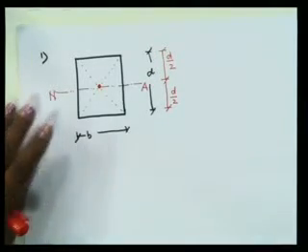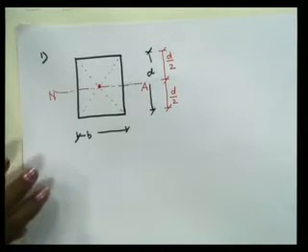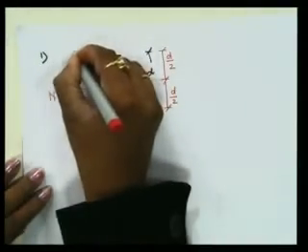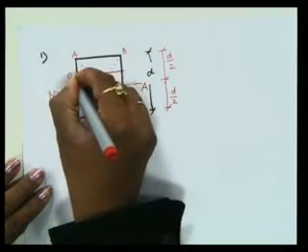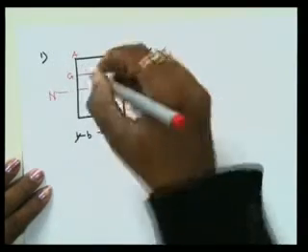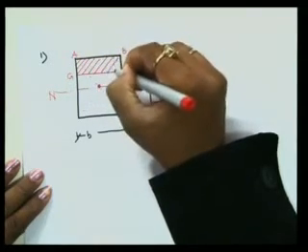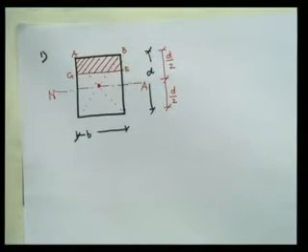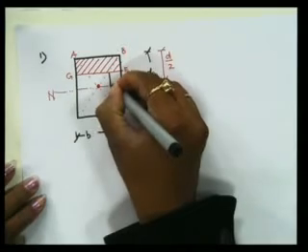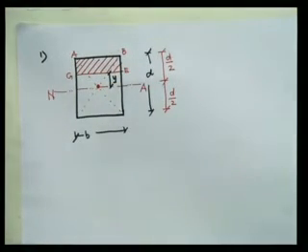Now we take a small section A, B, G and F, lying at a distance of y from the neutral axis.